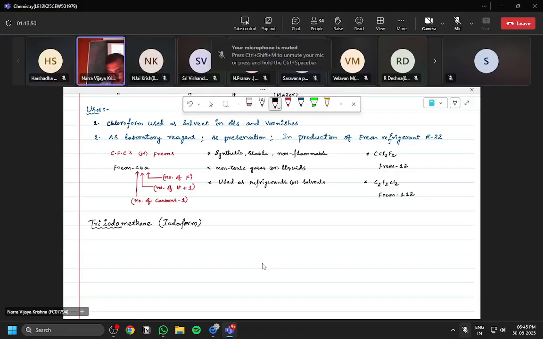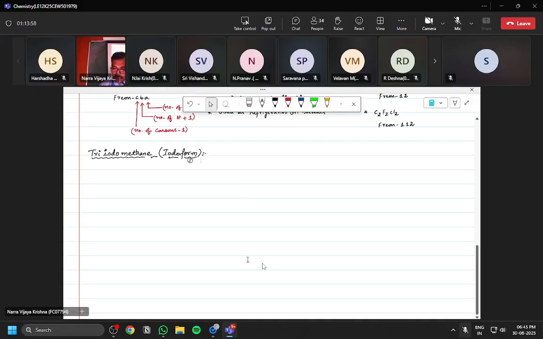Iodoform preparation and properties. First, regarding preparation. How to prepare it? Very, very important named reactions.